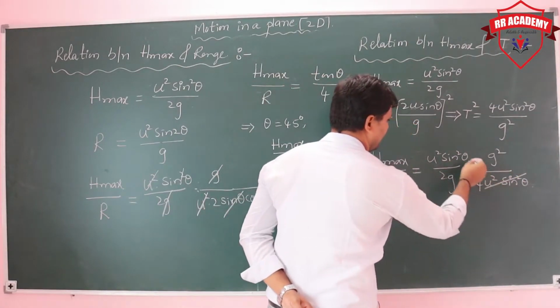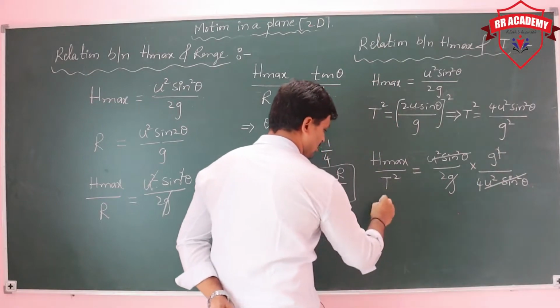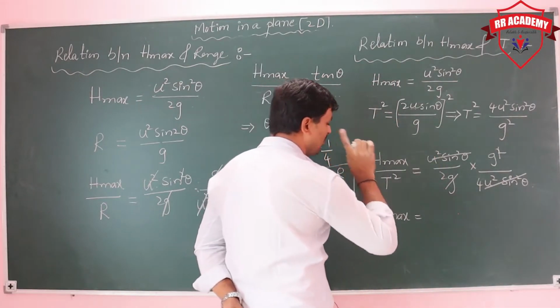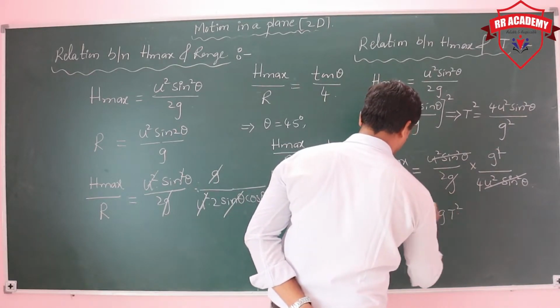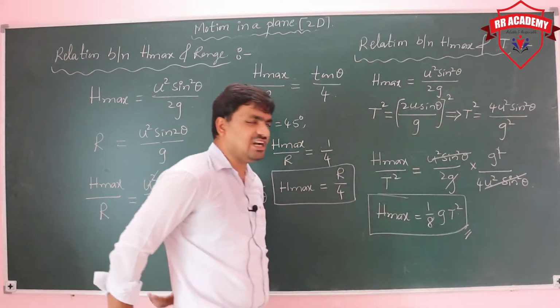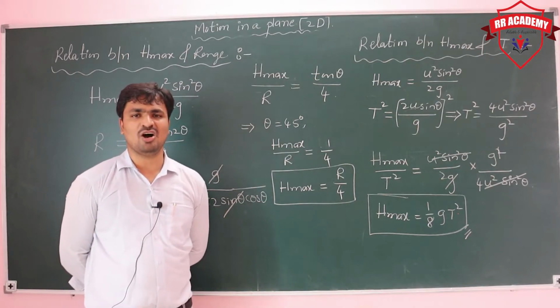U square sin square theta gets cancelled, g also. Then H max upon t square is 1 by 8g, that is H max is equal to g t square by 8. This is the relation between maximum height and time of flight.